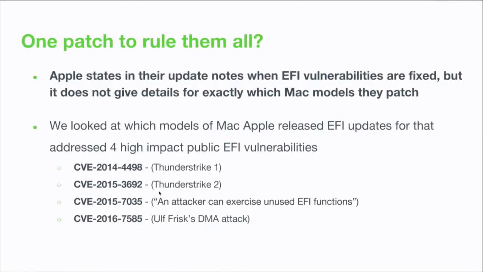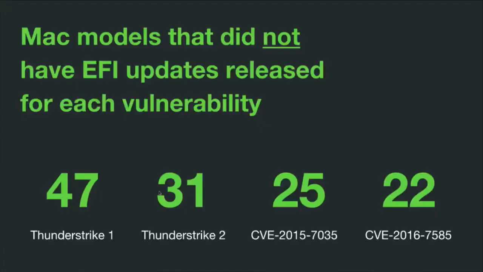These 4 CVEs are specific against known EFI vulnerabilities: Thunderstrike 1, Thunderstrike 2, Ulfrisk's DMA attack, and then another attack by Xenocova that hasn't got a snappy name. It was basically just being able to abuse unused EFI functions. So when we mapped these 4 CVEs to the updates that were being released by Apple, we wanted to see which models were receiving updates to address these vulnerabilities.